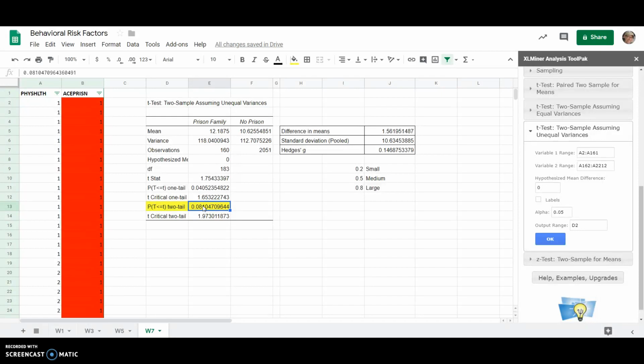In other words, we don't have sufficient evidence that there's any difference in terms of average number of days of happiness between people who had a family member go to prison when they were a child, and those who didn't. And you might say, wait, but I do see a difference there. Keep in mind, this is the sample.